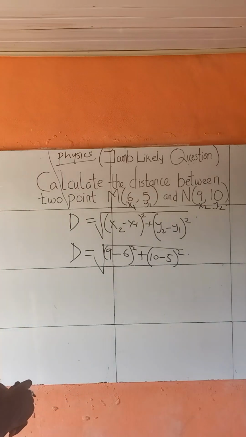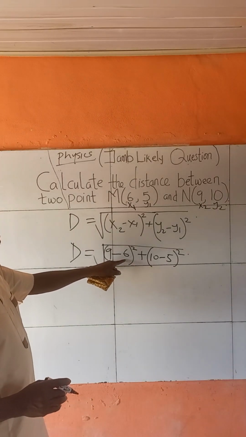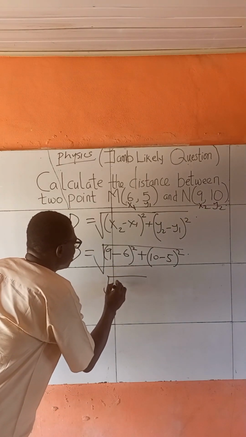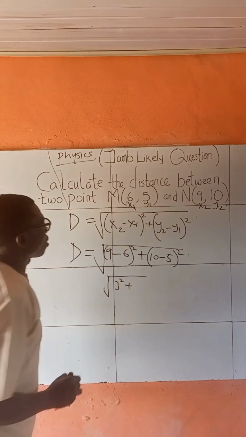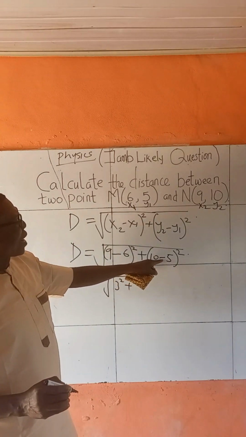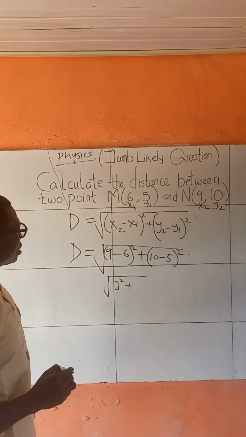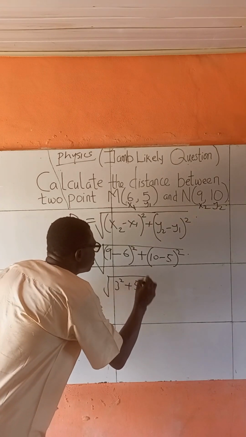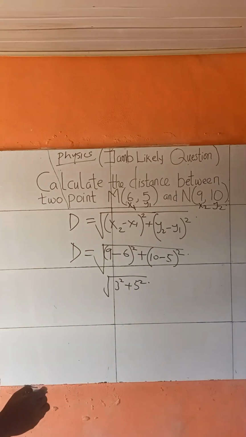Now looking at this, 9 minus 6 will give me 3. So I have 3 squared plus 10 minus 5, which will simply give me 5. 3 squared plus 5 squared. So 3 squared will give me 9.